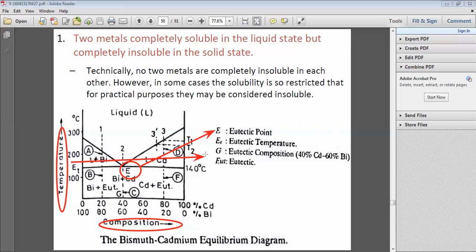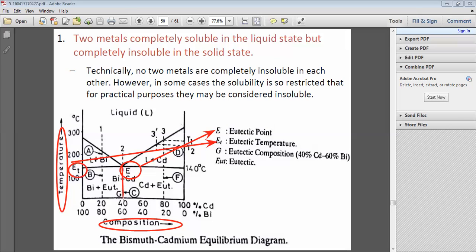This is point Pt here. Then G is the eutectic composition. It is being plotted as a vertical line from the P part, that is this line. This vertical line from P corresponds to this composition.